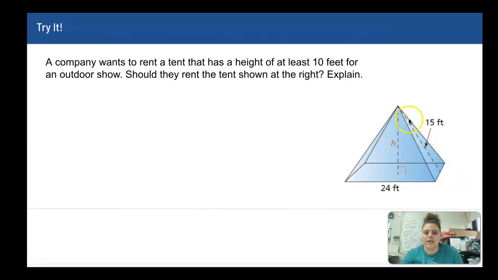This is 15, and you need to use that hypotenuse and leg to find the height of the missing leg. We want it to be 10 or more feet, so they would rent it if it's 10 or more. They will not rent it if it's less than 10. So figure out the height to decide if they should rent this tent.